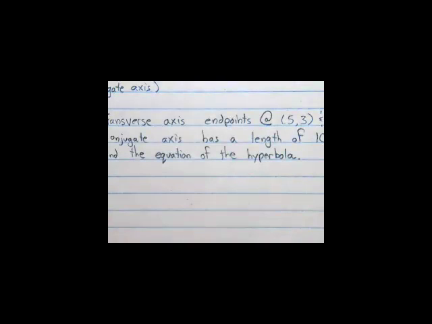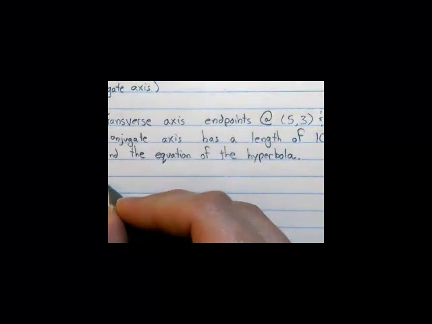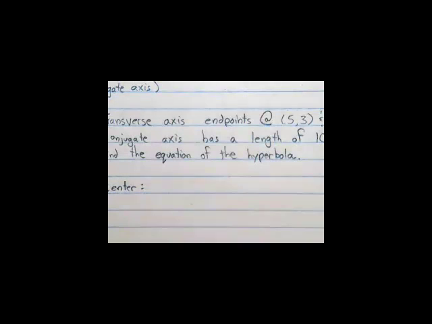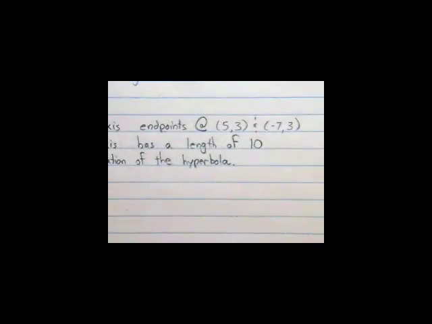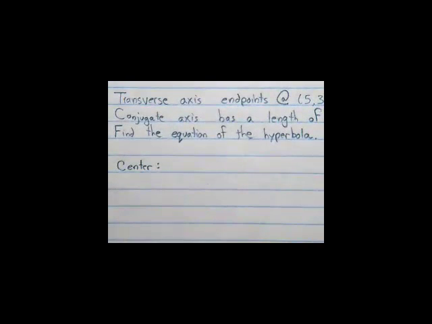So where is the center of this particular hyperbola? If the transverse axis endpoints are at 5, 3 and -7, 3, what's right in the middle of that? -2, 3. No. -1, 3. There we go.